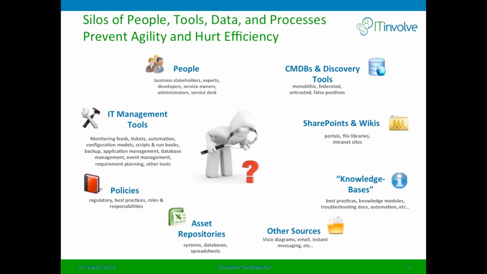You might have critical information about policies on a SharePoint site, FAQs and other lessons learned in a knowledge base, asset repositories, monitoring feeds, requirements planning tools, etc. The ability to leverage this information at the point of need when making a decision is critical, but yet is extremely difficult using traditional approaches.